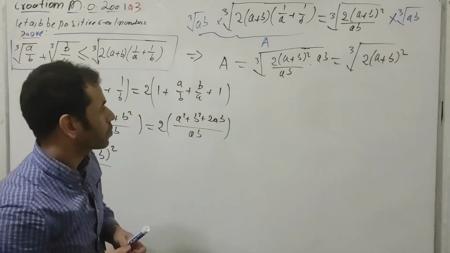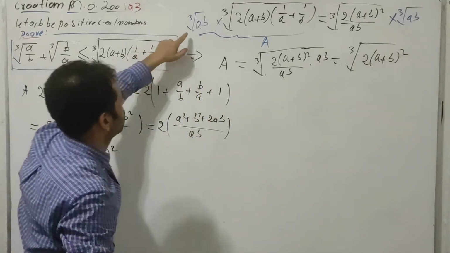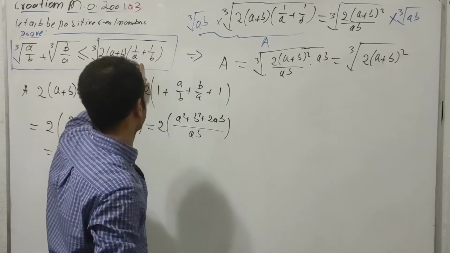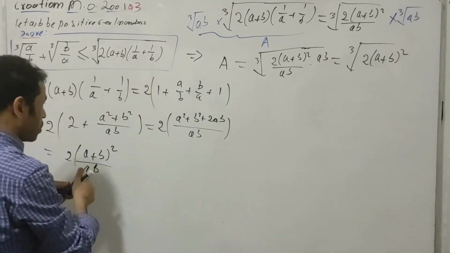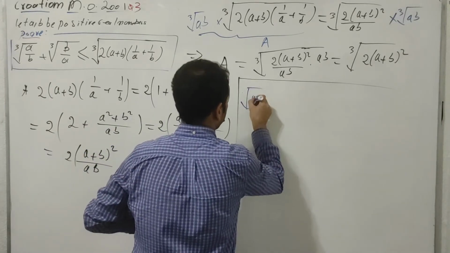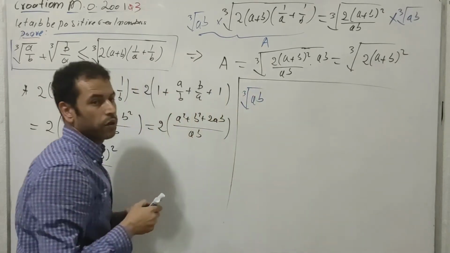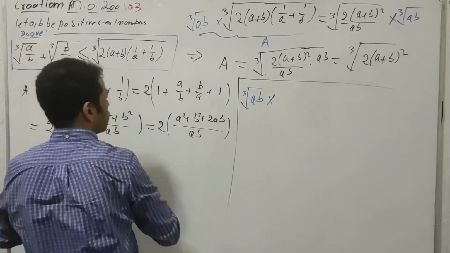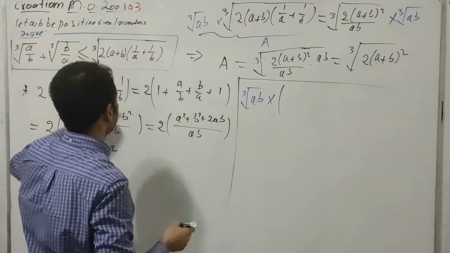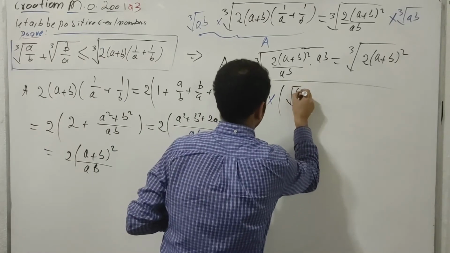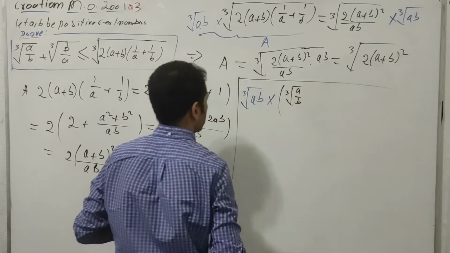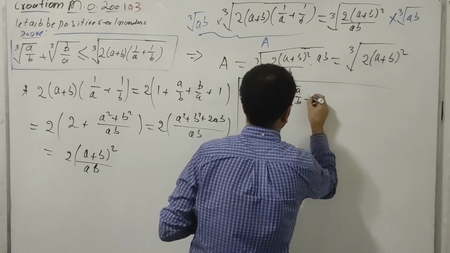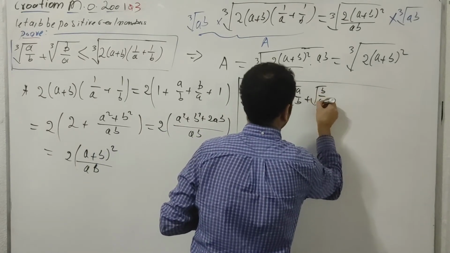Okay, now I'm going to multiply the cube root of ab by this one, the same as I did here. We'll have cube root of ab cubed, multiplied by this term which is on the left side of this inequality, which is cube root of a over b plus cube root of b over a.